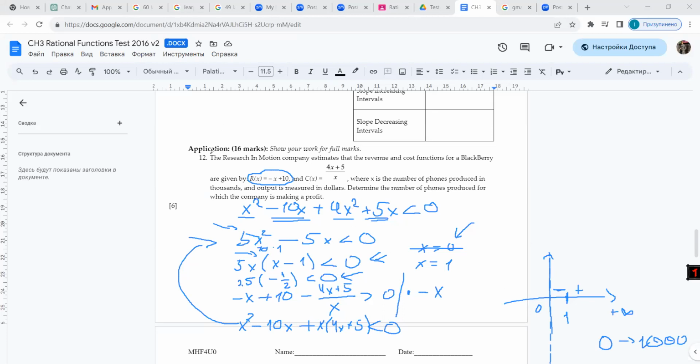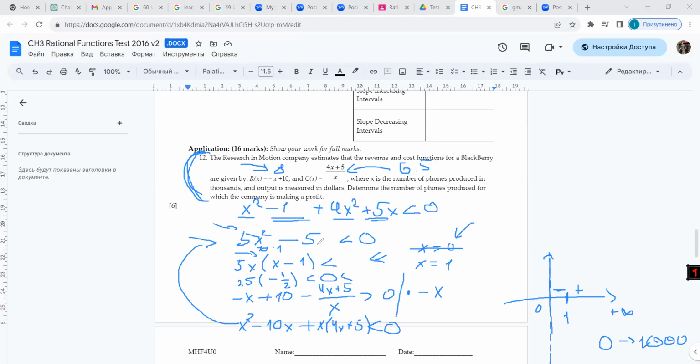Please double check this at home, solve it again, because I think I made a mistake somewhere. Because how do I check it? Now I substitute 2 into the initial cost and revenue functions, and what I get is that the revenue, if I substitute 2, is going to be 8, and cost, if I substitute 2, is going to be 6.5.